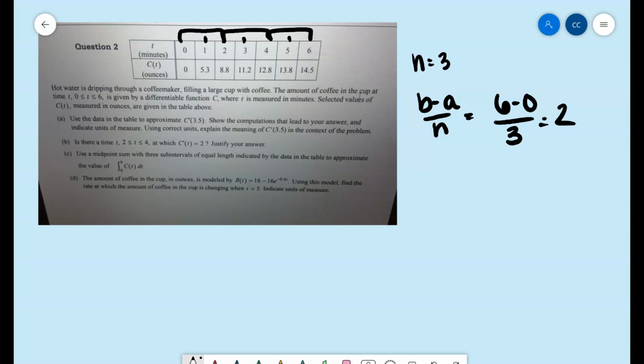So area is just length times width, but this one says our widths are 2. So we have 2 times the quantity 5.3 plus 11.2 plus 13.8. So again, that's all my heights times a width of 2. So that gives me 60.6.